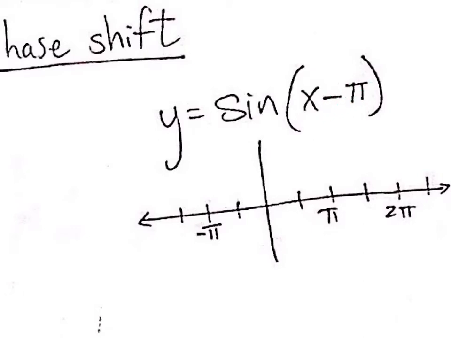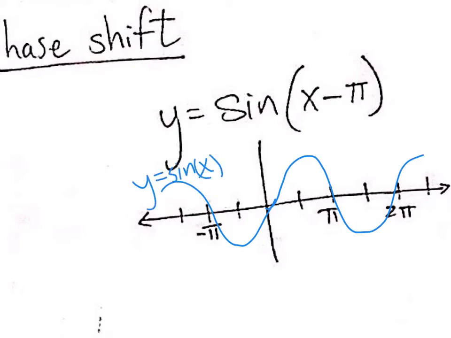Remember, it's reversed. So we just take our basic sine graph, and I'll put the basic sine graph in here again. So here's our basic sine graph. This is y equals sine of x. And we're going to take every point on that graph and move it to the right by pi.